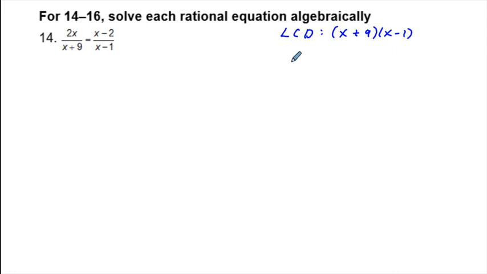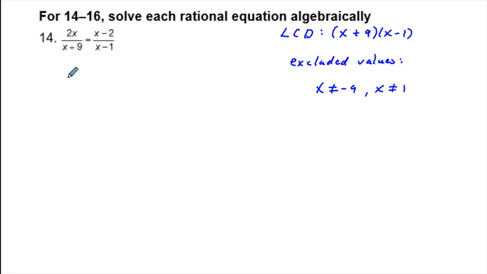And also we're going to check our excluded values, because that's going to help us to find solutions that are not real, or what do we say, extraneous. So excluded values: x cannot equal negative 9, and x cannot equal 1.